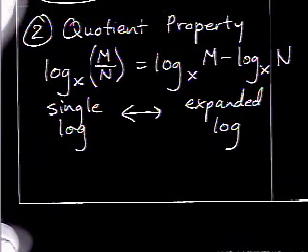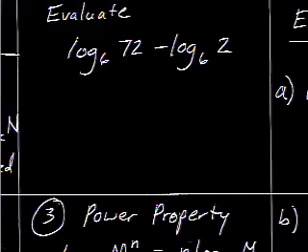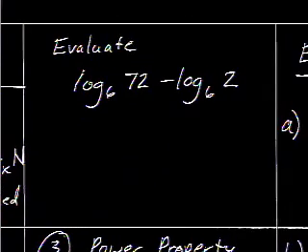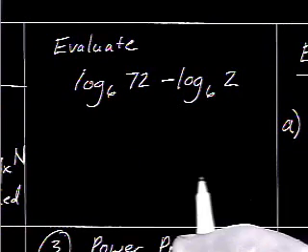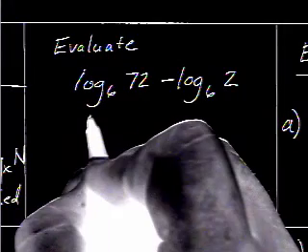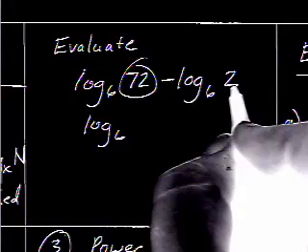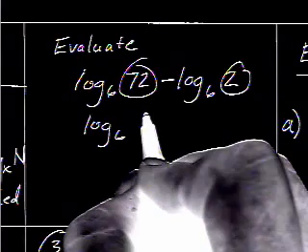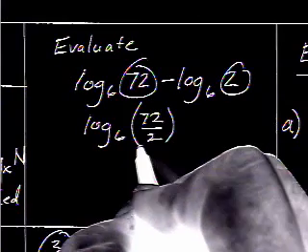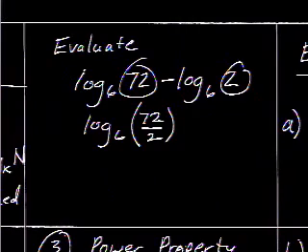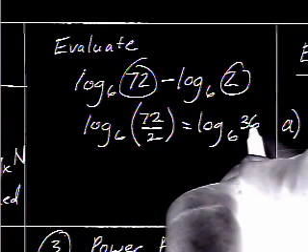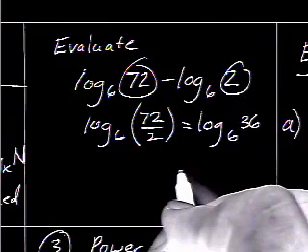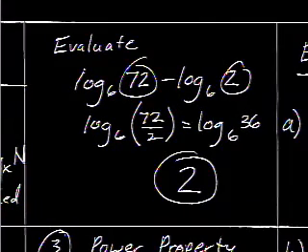So let's see if we can use this particular property. Evaluate log base 6 of 72, which I have no idea what that is, and log base 6 of 2. I want the difference between those two. Well, according to the quotient property, I can take this one, and I can put them together as a fraction, giving me log base 6 of 36, which we just saw a few minutes ago was the number 2.